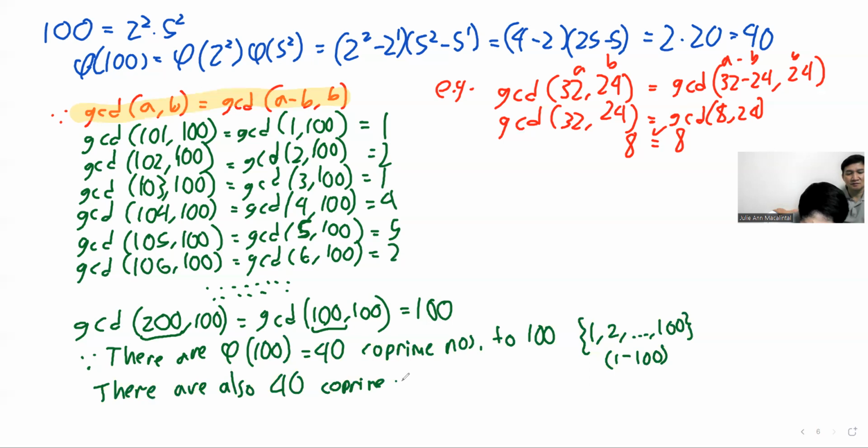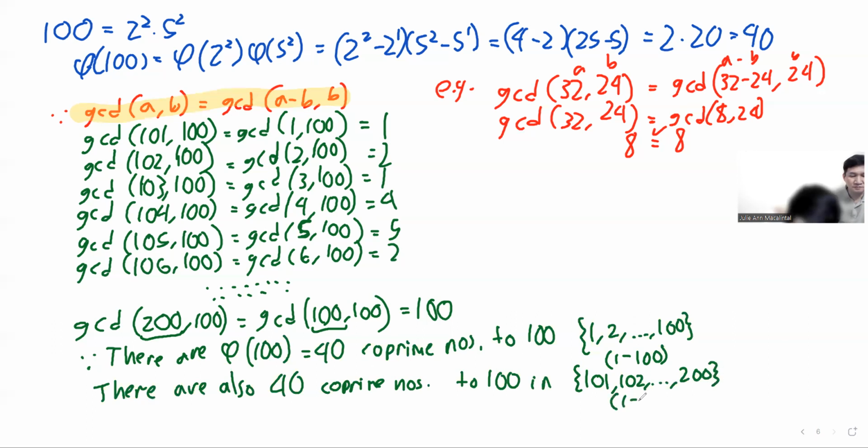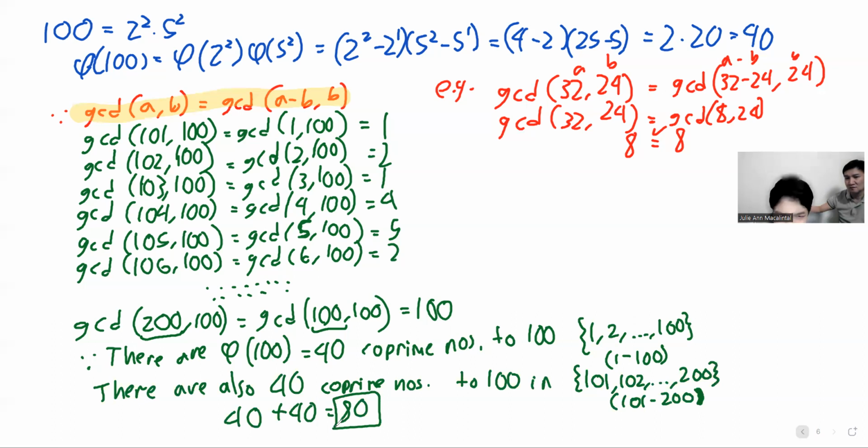We can see that they are exactly the same numbers because they correspond to the numbers co-prime to 100. So in total, how many? 40 plus 40 equals 80 totatives.